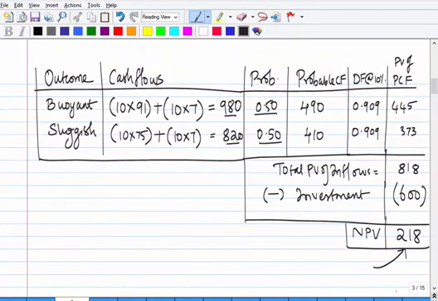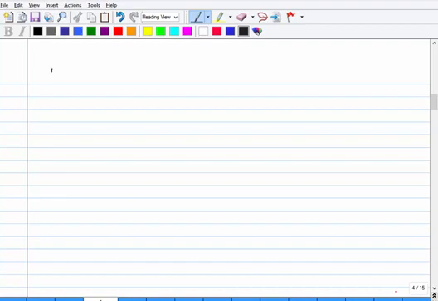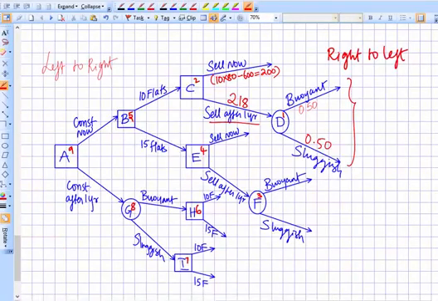Let me write that. Evaluation at C. And please remember, there is a difference between the evaluation made at D and C. D is basically a chance node where you don't have a choice, whereas C is a decision node where you have a choice.